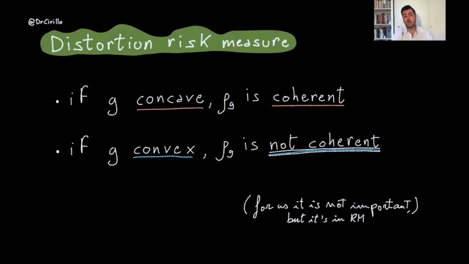That is to say, it is monotone, it is translation invariant, it is positive homogeneous of degree one, and it is subadditive. Now, these are all things that, if you also attend quantitative risk management, will be clearer. Otherwise, it's not a big deal.